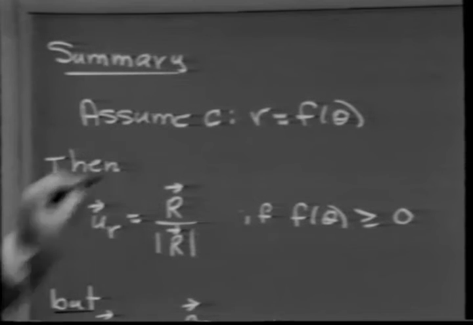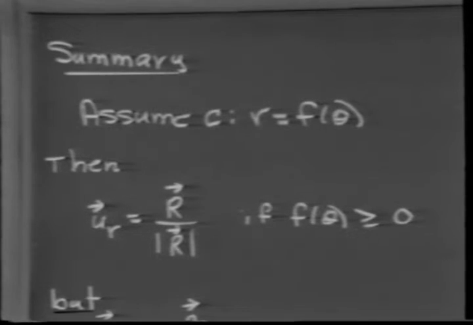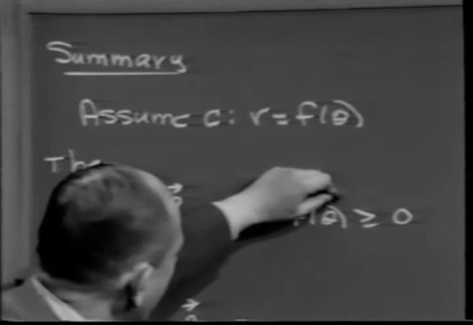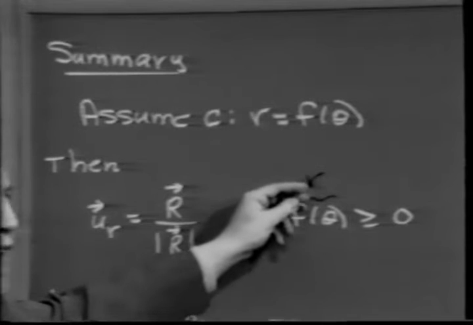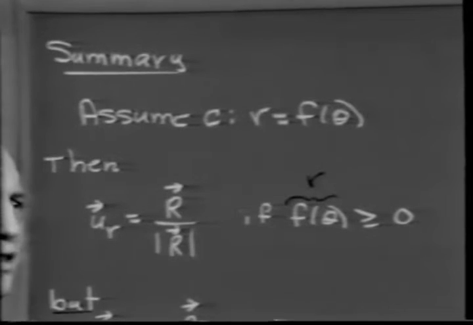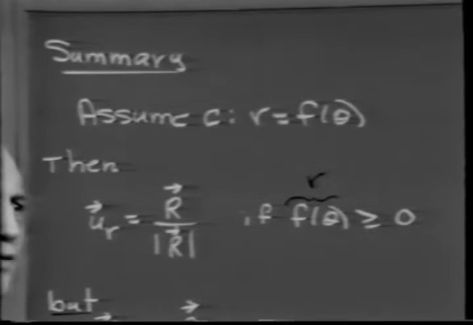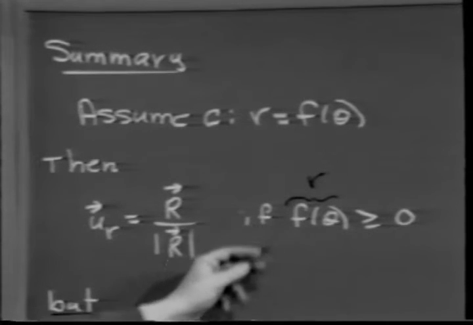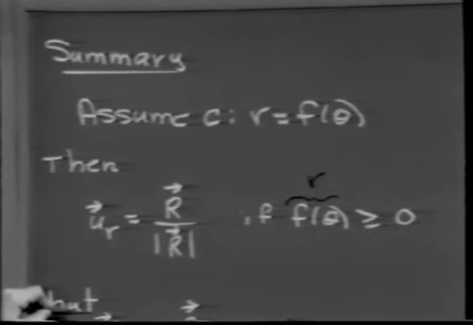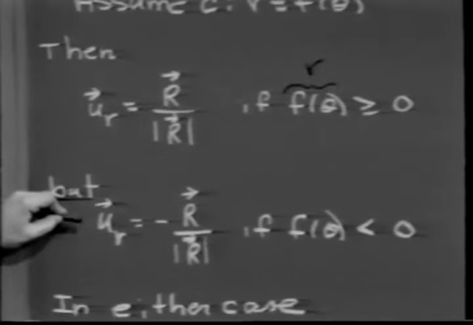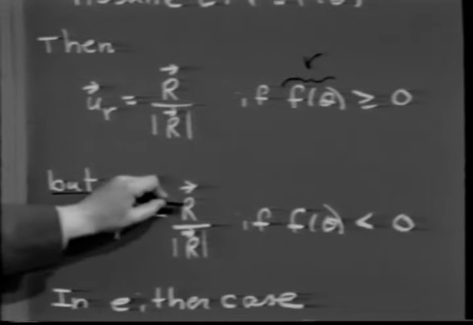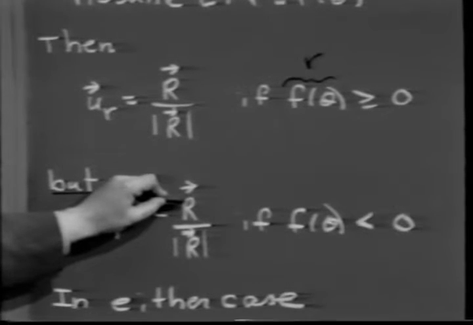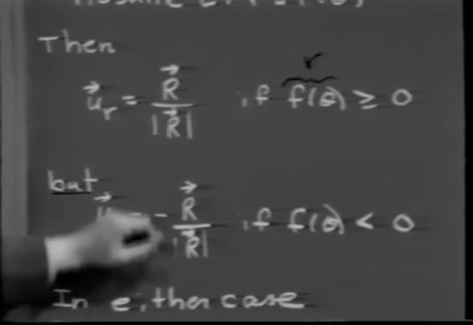In other words, u sub r will be in the same direction as the radius vector. What we're saying is, again, if we had never let little r in polar coordinates be negative, no problem would have occurred. But we do let little r be negative, so we have to be a mite careful. The careful part comes in where? If r happens to be negative, in which case u sub r has the opposite sense of the radius vector capital R, which we saw in the previous example.